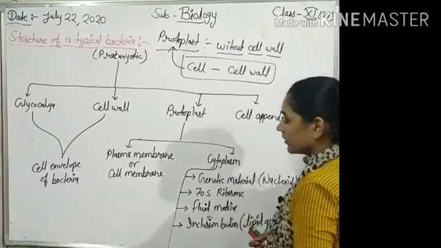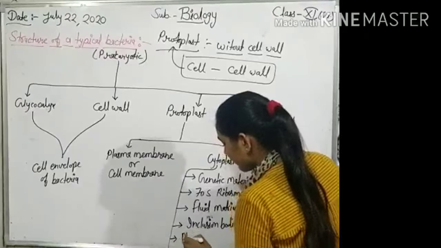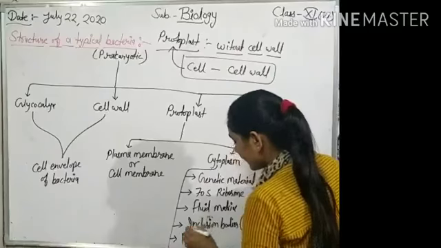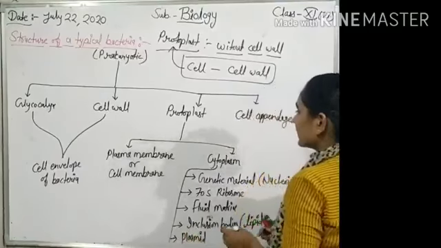These may be organic or inorganic. Plasmid, the extra chromosomal DNA of the bacterial cell. Okay.